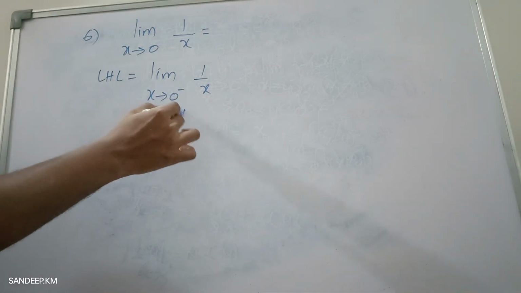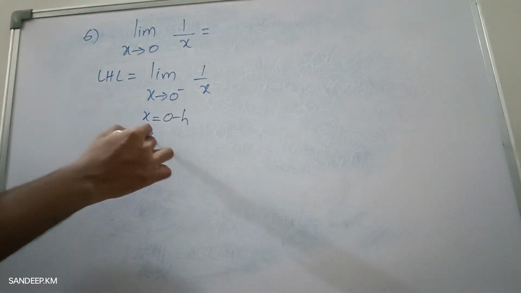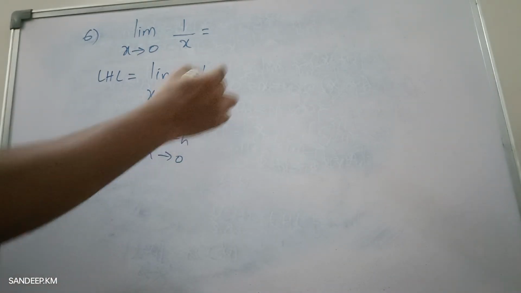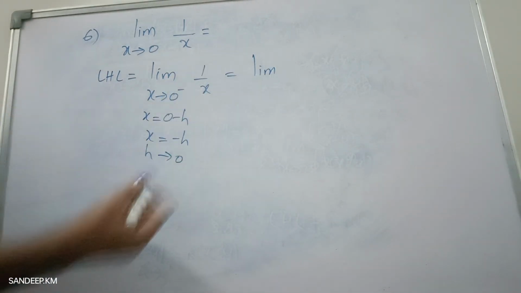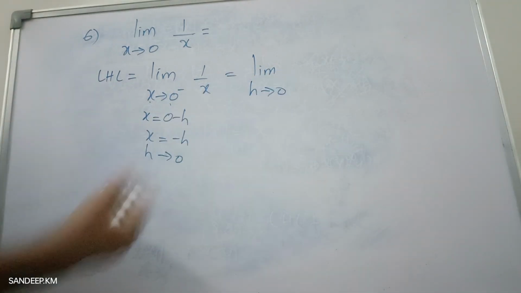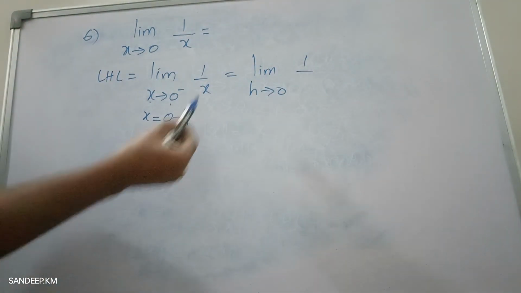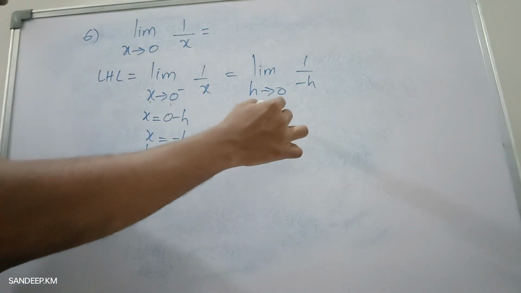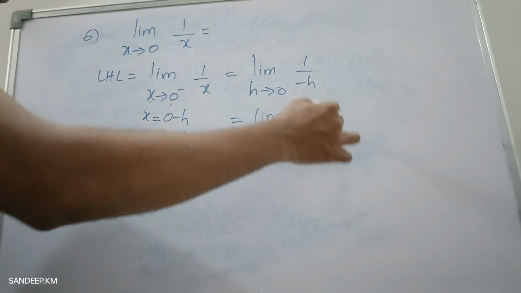X is equal to 0 minus h only, right? Which means x is equal to minus h. And we take h approaches 0. Correct? So it is equal to limit, instead of writing x approaches 0 minus, we are writing h approaches 0 and 1 divided by, instead of x, we are going to substitute minus h. So limit h approaches 0, minus 1 by h.